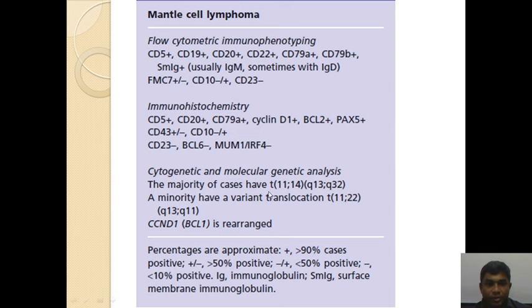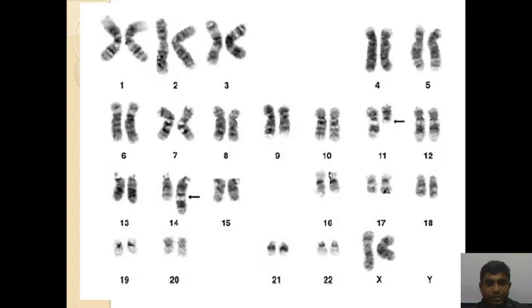The characteristic cytogenetic abnormalities are translocation 11-14 and cyclin D1 rearrangement. This is the cytogenetics showing the 11-14 translocation, where there is loss of chromosomal material in chromosome 11, which is translocated onto chromosome 14.